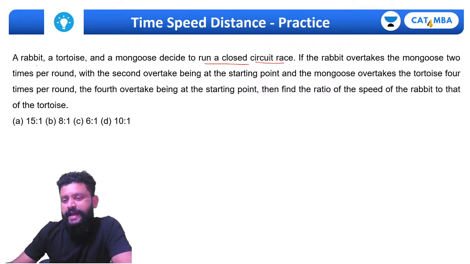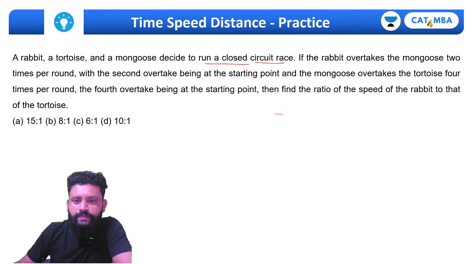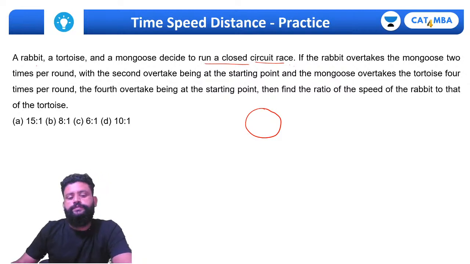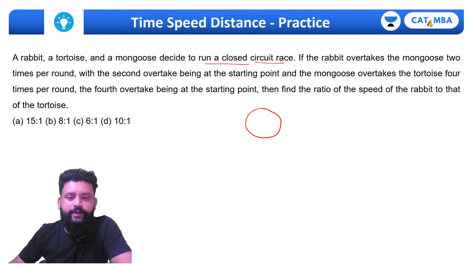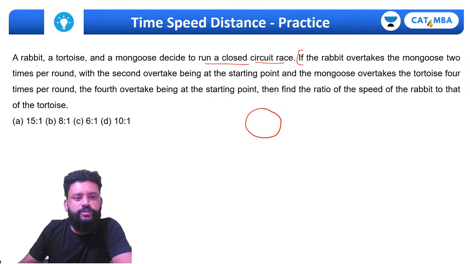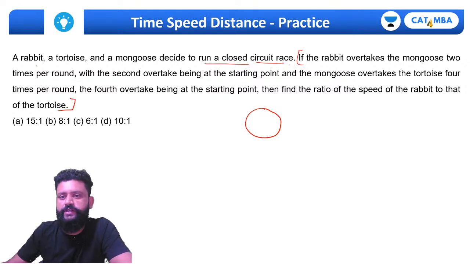Closed circuit means you can simply say circular race. Before that, try to answer this. This one is the last and quite tricky logical question, you can say. It's a logical question on speed, time, distance.